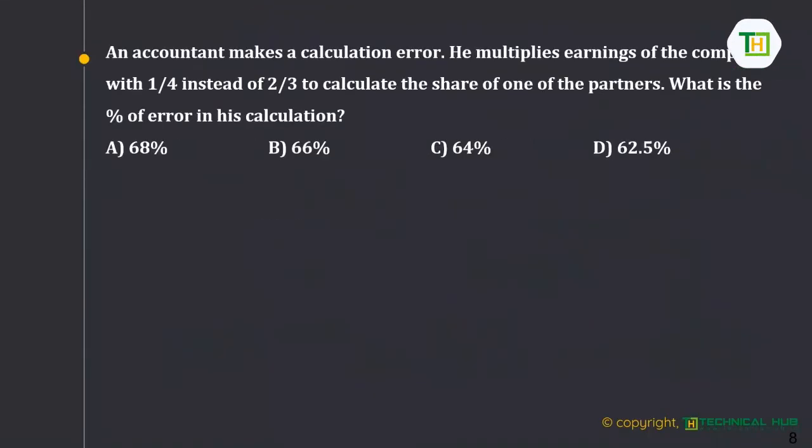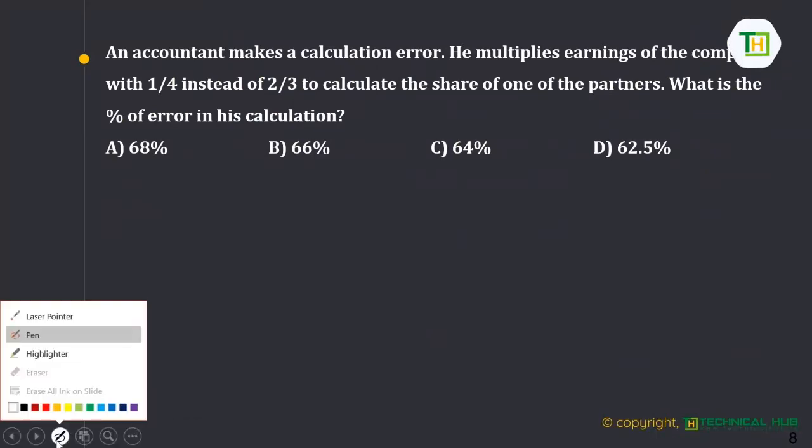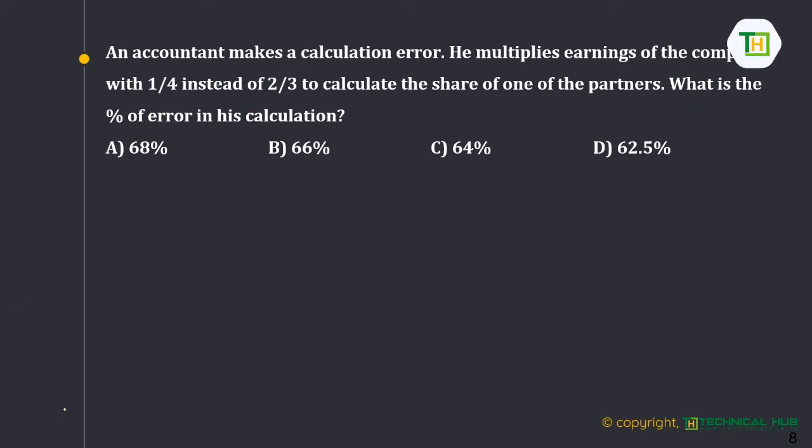See here. This question is also related to the percentage topic only. So what is the given data here? An accountant makes a calculation error. He multiplies earnings of the company with 1 by 4 instead of 2 by 3 to calculate the share of one of the partners. So what is the percentage error in his calculation?